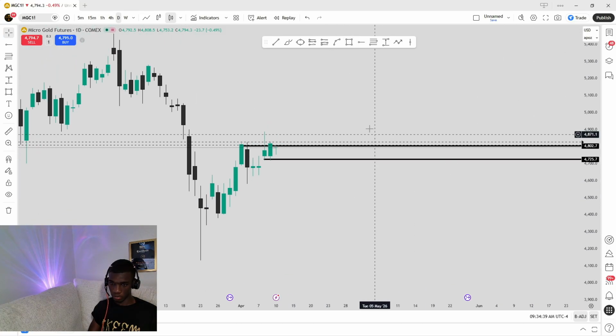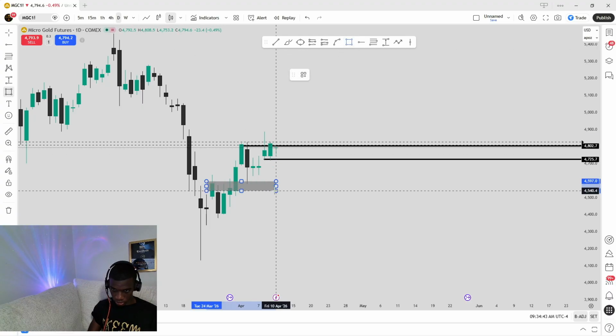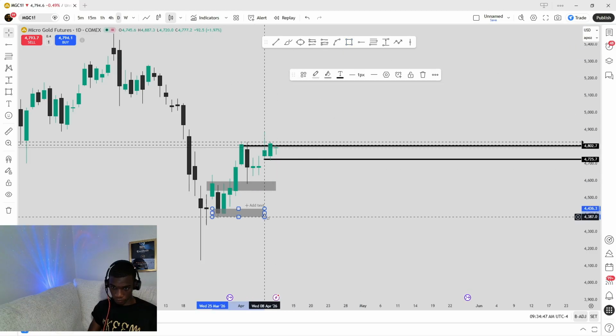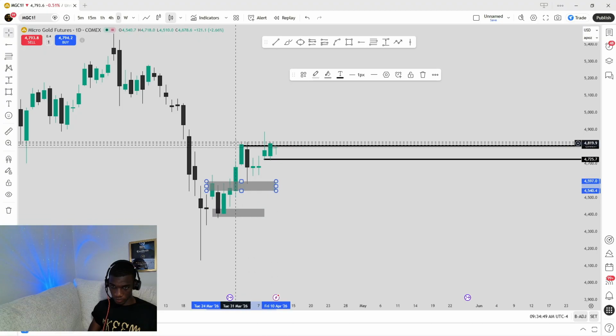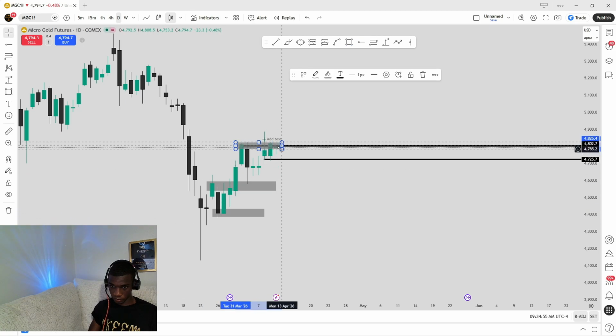Look at the daily time frame. Let's just say this is a high, right? And this is a low, right? So on the daily, we have a high and a low. Then price breaks through this higher high, right? And then now this move from a high now becomes a low, right?